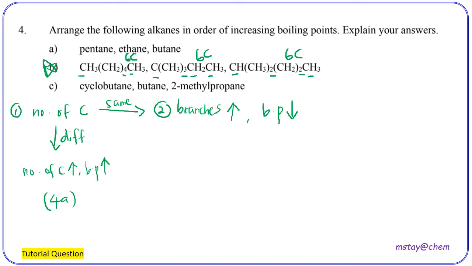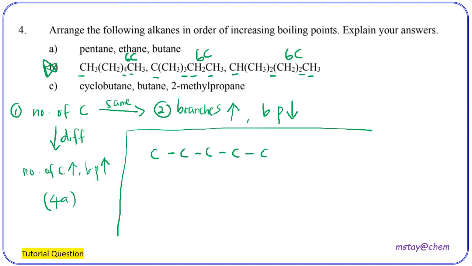Before we continue, maybe we can draw out the structure first. So CH3, CH2, CH2, CH2, CH2, 4 times, and then CH3. So the first one is the straight chain. While the second one, we have 3 CH3 attached to the same carbon, and then CH2, CH3.